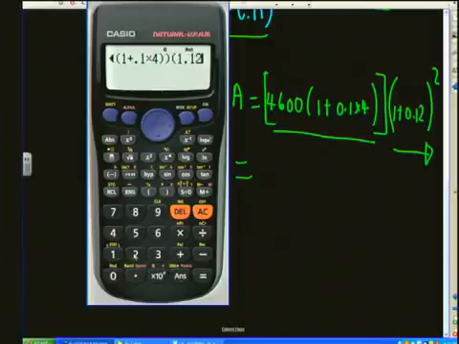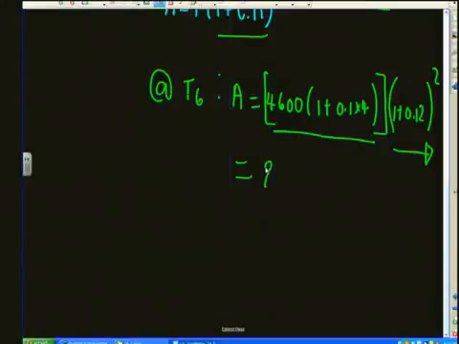All I've done there is I've added the 1 and the 0.2, and that's going to be to the power of 2. Okay, so our entire calculation in one step, and we get an answer of 8,078.34 if we round it to the nearest cent.